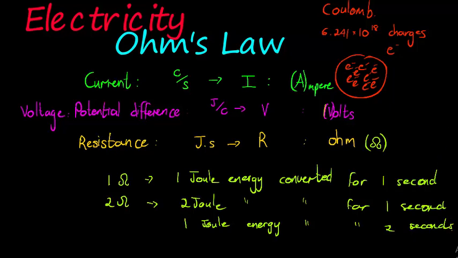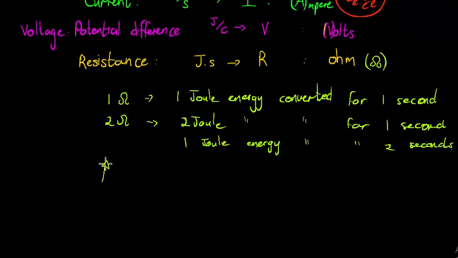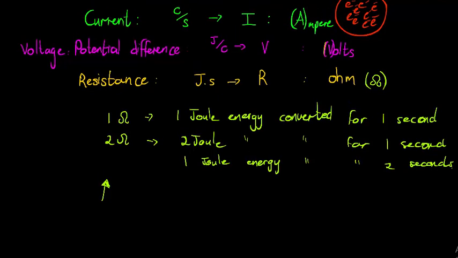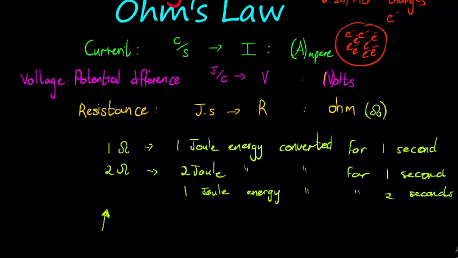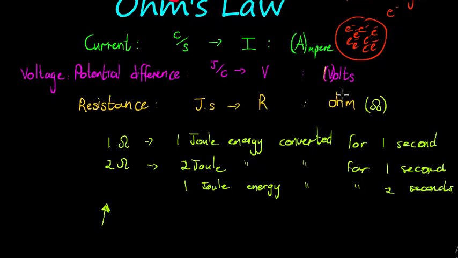Okay, so the larger the ohm value is, the more joules are converted every second, or in order to convert more joules, I will need more seconds. Okay, so an increase in resistance has got to do with a higher energy output, or a higher energy conversion, let's rather say that. Okay, so what is the relationship between these in an electric circuit?